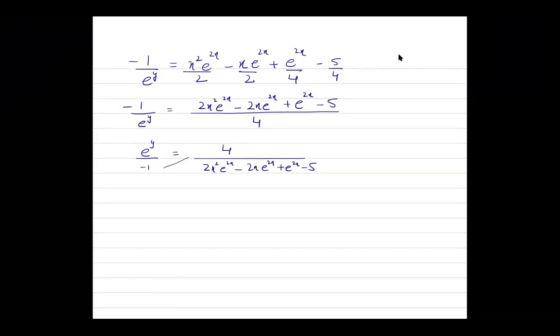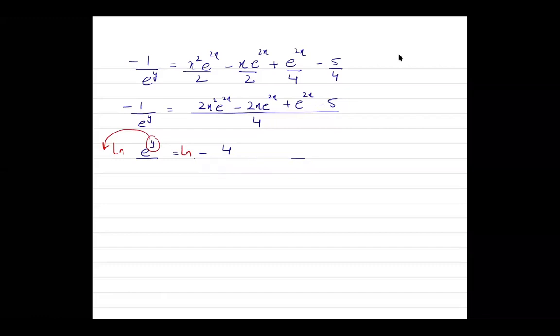If I just cross multiply this, I can write minus 4 directly. And if you apply ln on both sides, or this, I should have done this. Just a second.